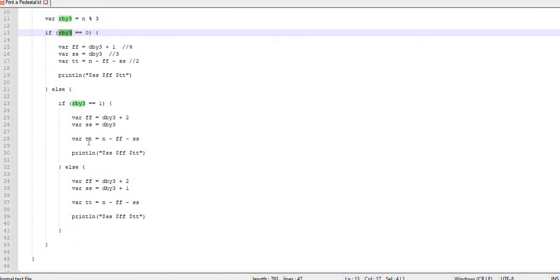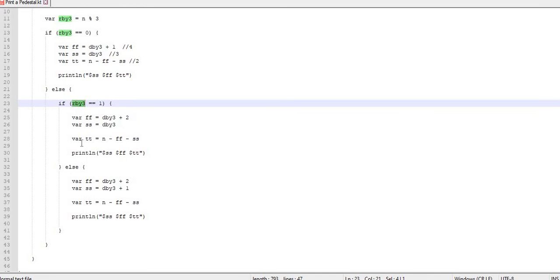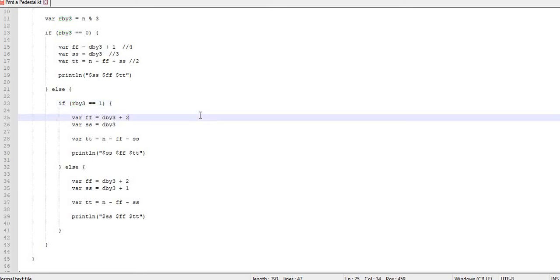Now, as I mentioned, there can be two other cases. One is you can get a remainder 1. So for example, the input is 10. In that case, again you have to divide it by 3, so each length is of length 3.